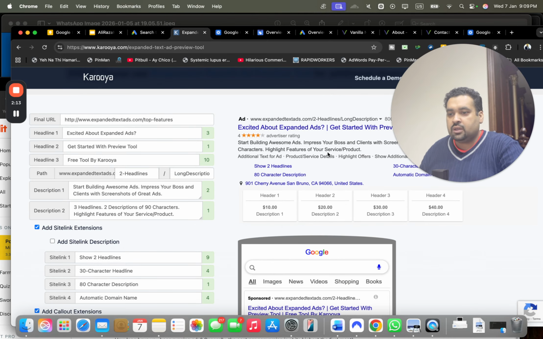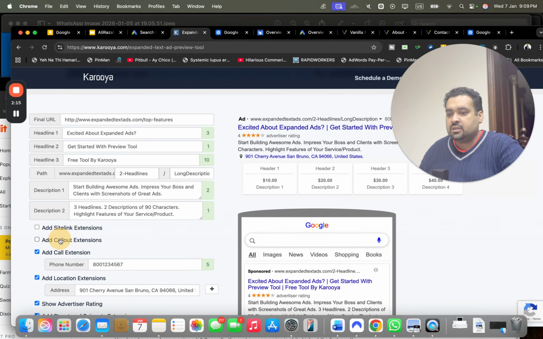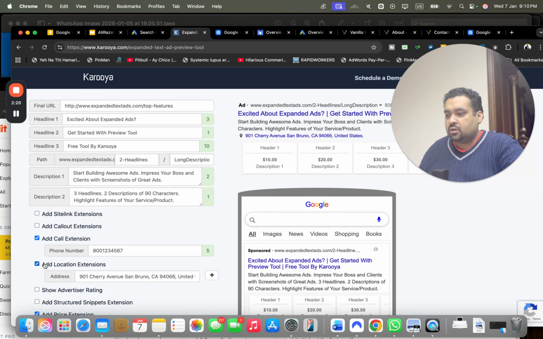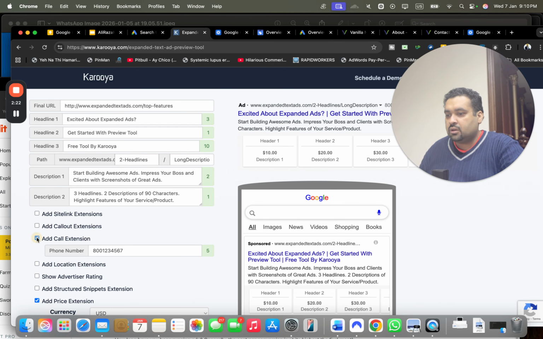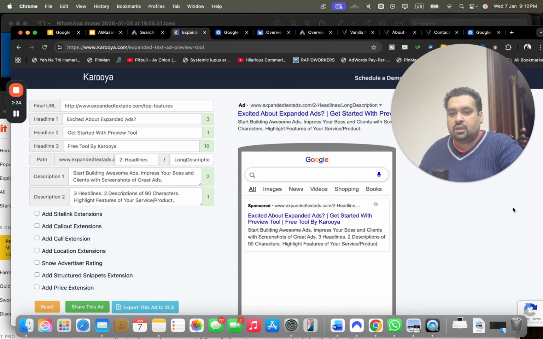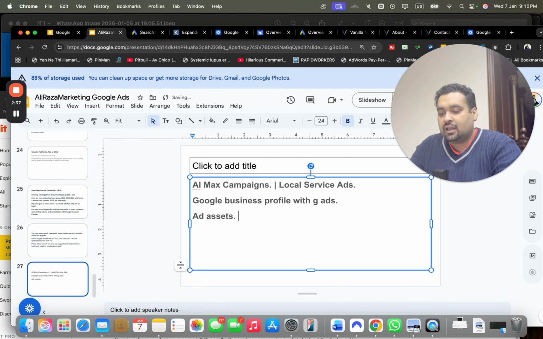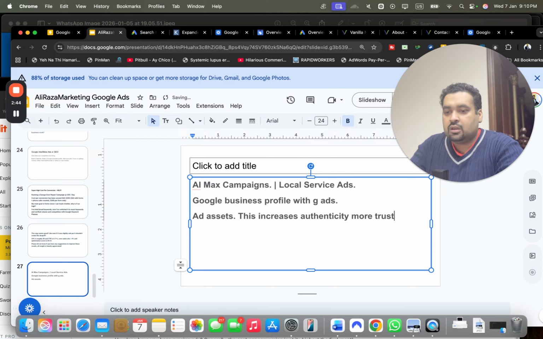If I remove them over here, you may see in this preview that your authenticity and your trust is going to be reduced. Now this is a generic ad, while that ad was more authentic. Authenticity brings trust, which helps you increase sales. So I recommend adding ad assets, which increases authenticity, builds more trust, and eventually creates sales.